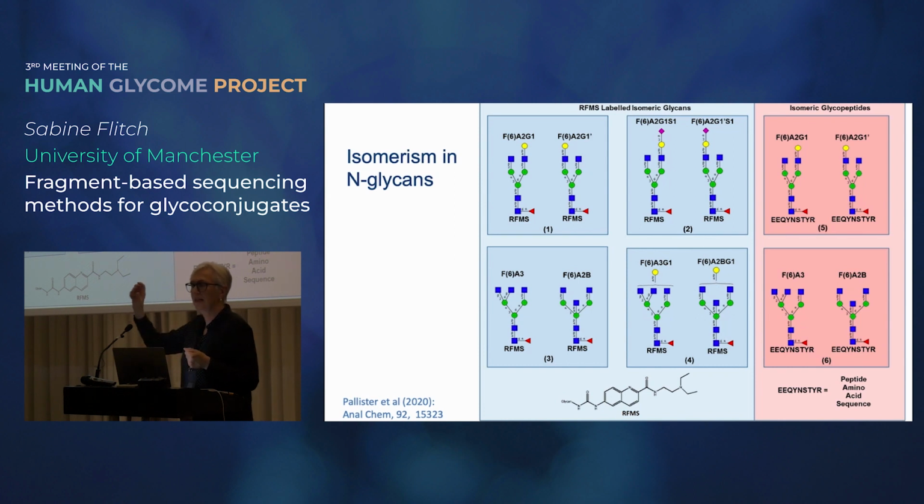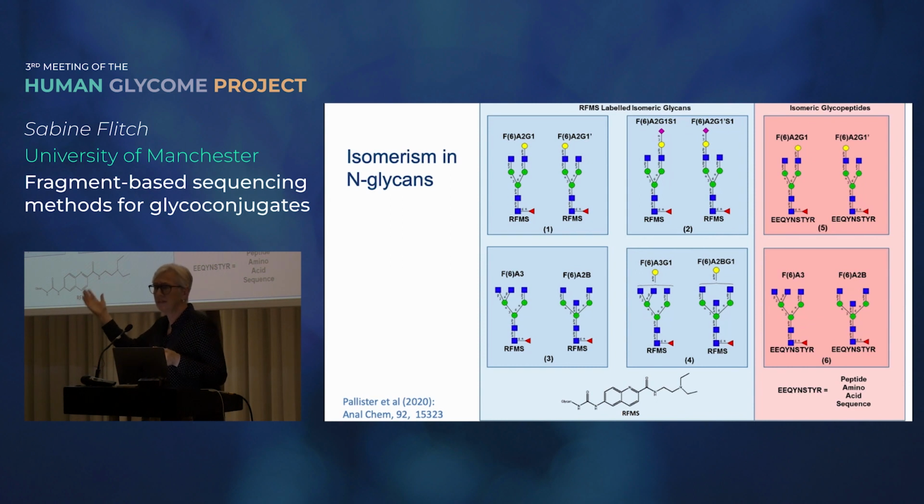Because we're only looking at these fragments, it shouldn't matter where they originate from. And Ed did both, and really wanted to resolve these isomers, as I said, the alpha 1,6 and 1,3 arm of the core.